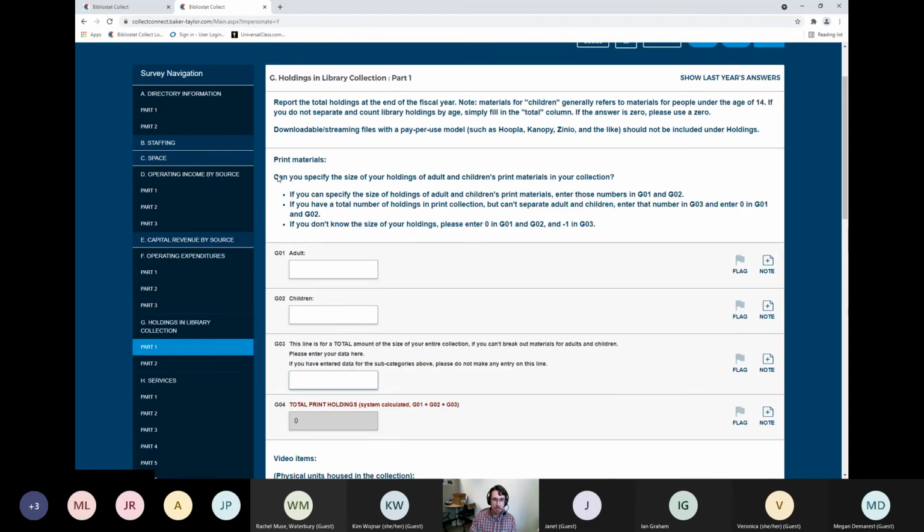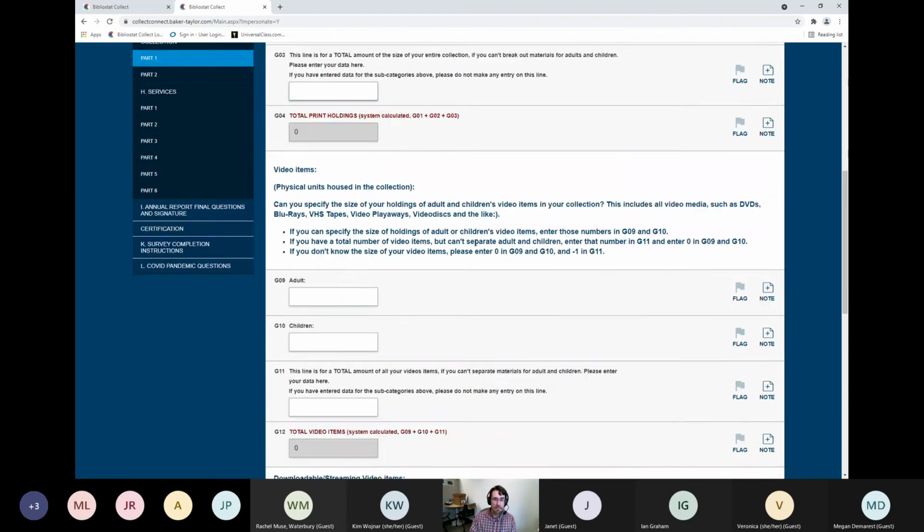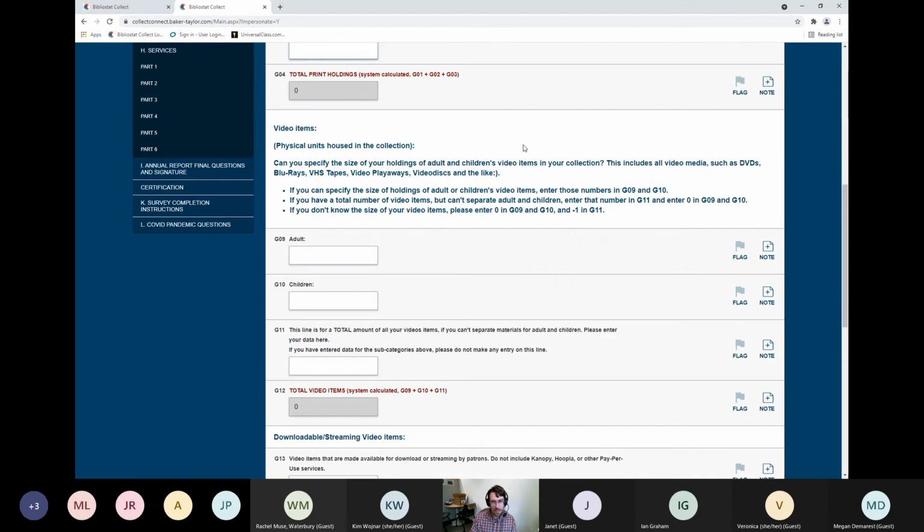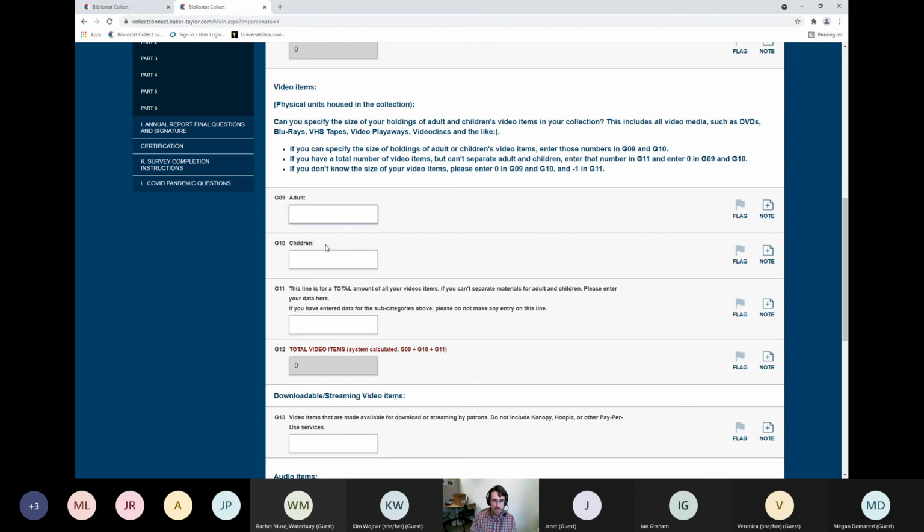Print materials, pretty straightforward. Video items. Video items are DVDs, Blu-rays, video playaways, if anybody has those, VHS tapes, if anybody still has those, or anything else that is a physical item that patrons get to watch a video. Again, break them down by adult and children if you can, or totals if you can't.